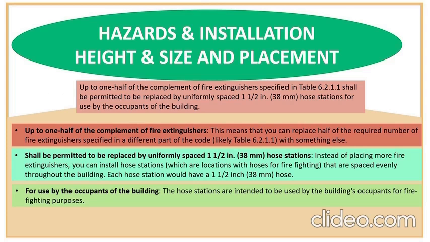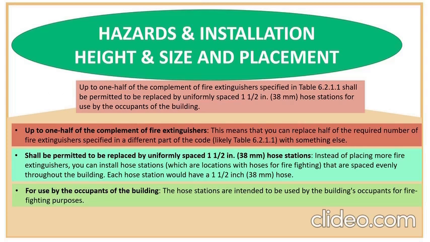The hazard and installation height, size, and placement of fire extinguishers. When you are calculating the number of fire extinguishers, you have to consider that up to 1/2 of the complement of fire extinguishers specified in the table, which is below, we will look into this, shall be permitted to be replaced by uniformly spaced 38 mm hose stations for use by occupants of the building.